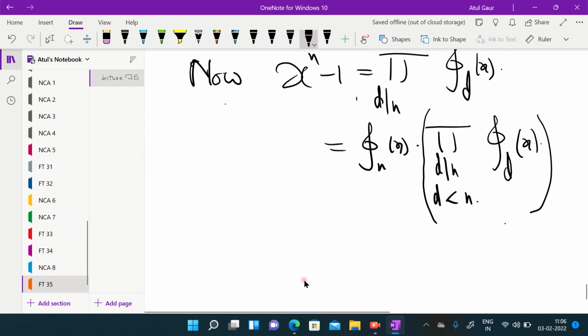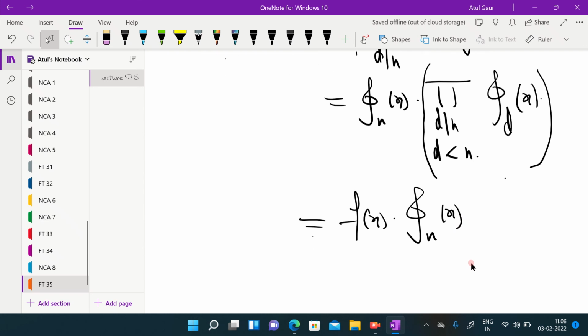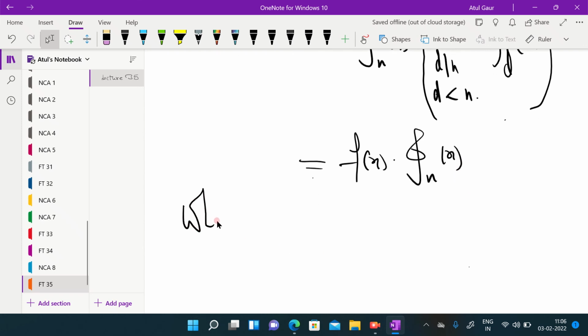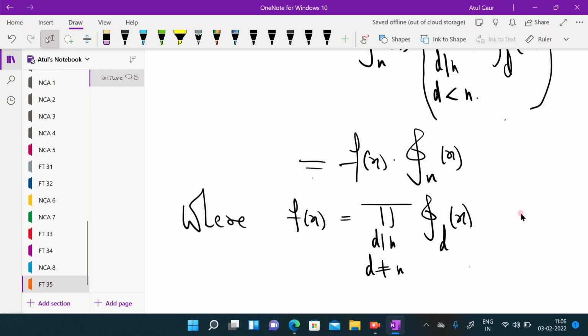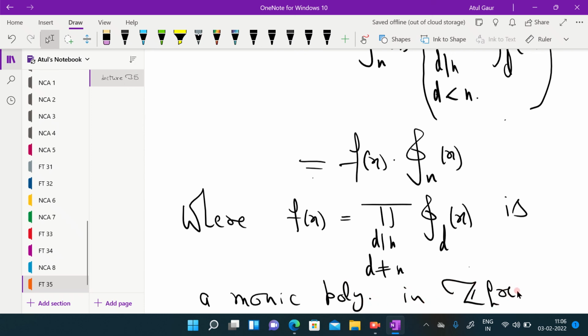Let's call this fx, where fx is the product over d dividing n, d not equal to n, of phi dx. It is a monic polynomial in zx, and this is by induction hypothesis.